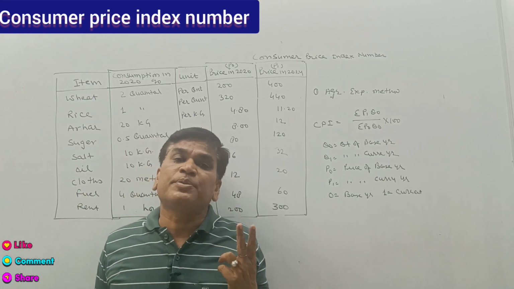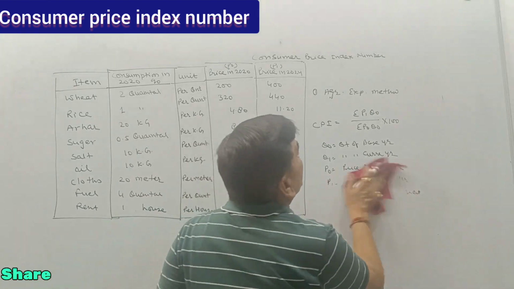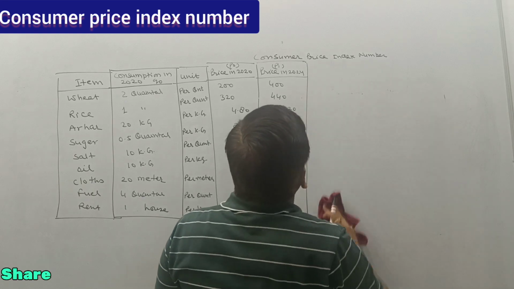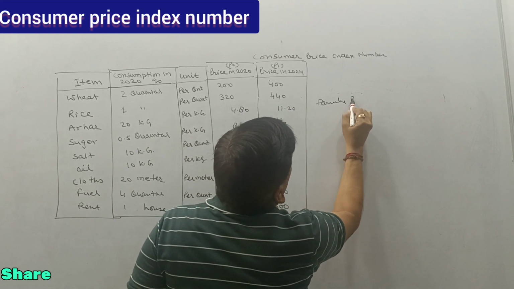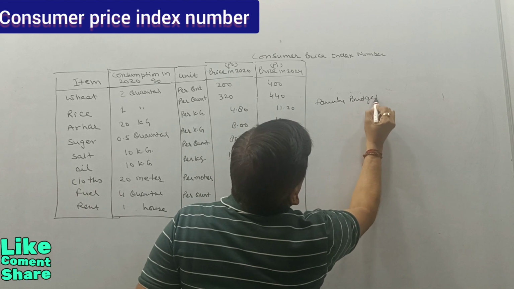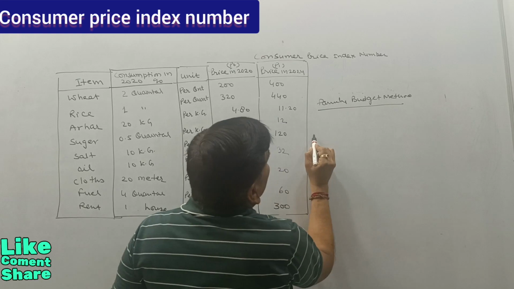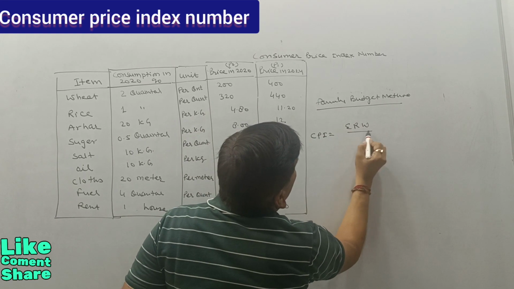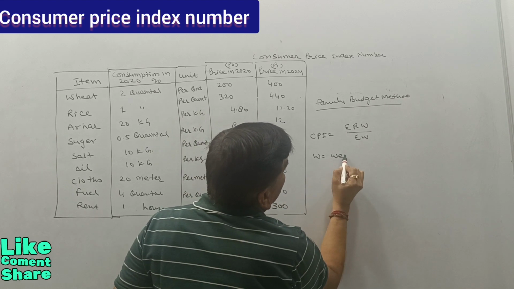There are two methods for the consumer price index number. The second method is called the family budget method. In the family budget method, the consumer price index is sigma RW divided by sigma W. W is called weight.